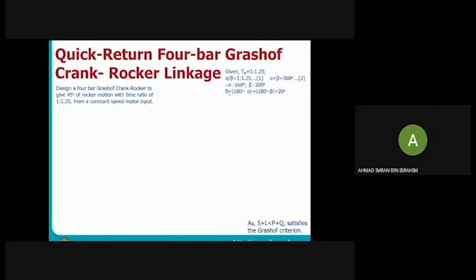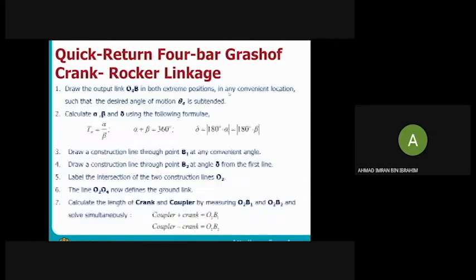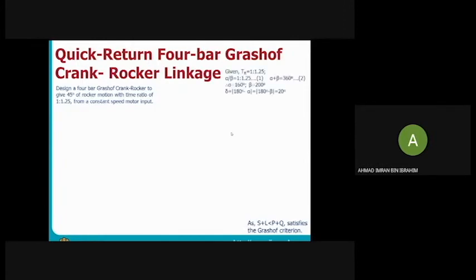And then you need to insert them into the third equation, which is delta. You need to calculate delta, which should be equal to 180 minus alpha or 180 minus beta. In this case, it should be equal to 20 degrees. So that you can start to draw.